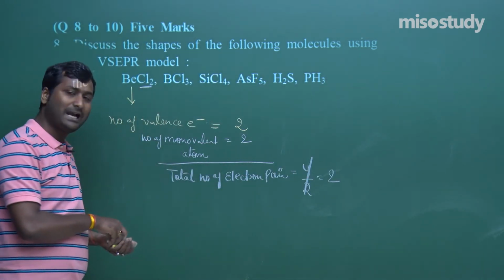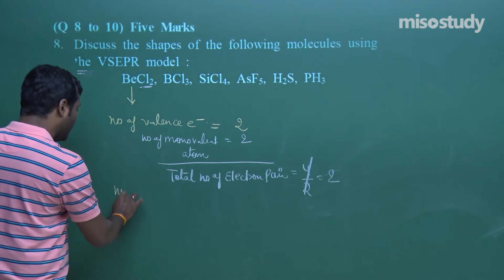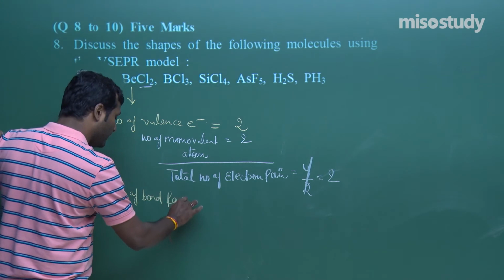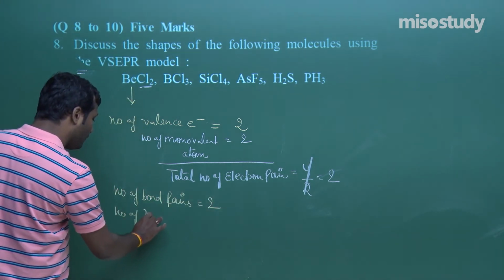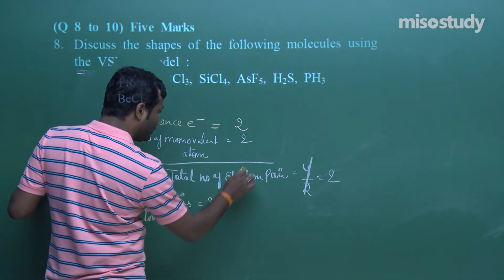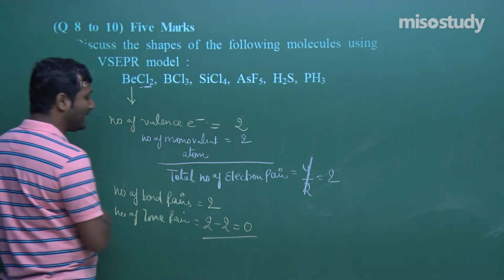This is the number of electron pairs. Now, how many bonds are there? 2 bonds. So, number of bond pairs will be equal to 2. Then what is the number of lone pairs, my friend? Number of lone pairs will be equal to total number of electron pairs minus bond pairs, that is 0.